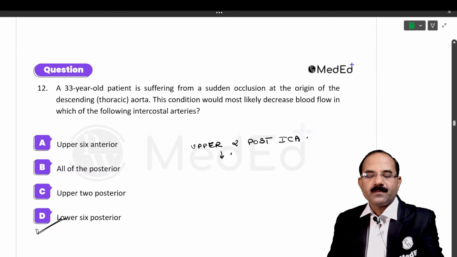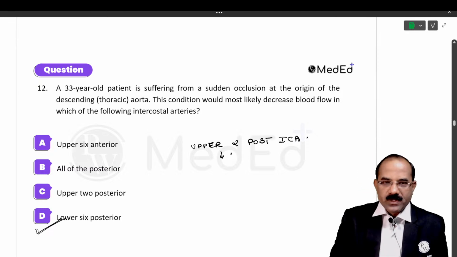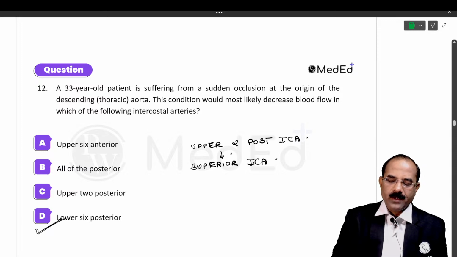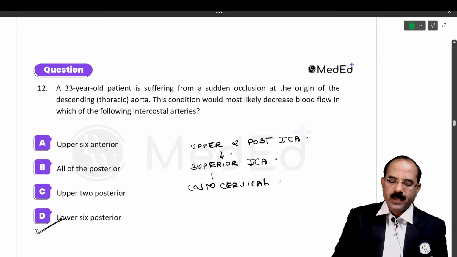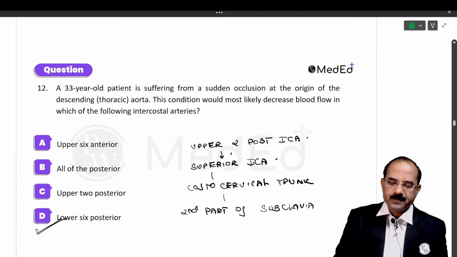Okay. The upper two posterior intercostal arteries are branches of the superior intercostal artery, which is a branch of the costocervical trunk, which is a branch of the second part of the subclavian artery.